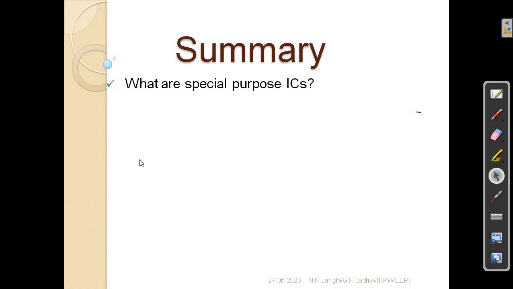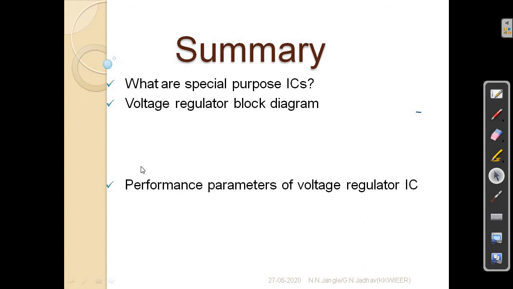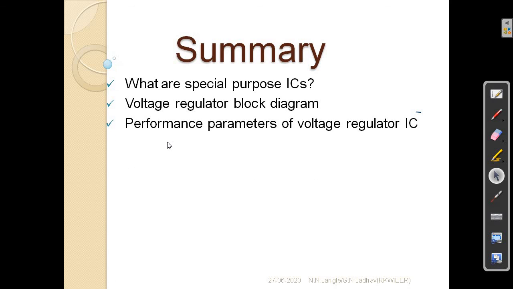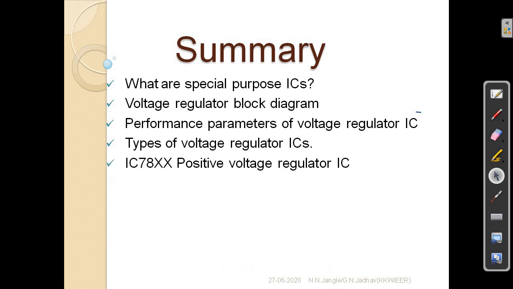In this session we have seen what special purpose ICs are, then the voltage regulator block diagram, then the performance parameters of voltage regulator IC, that is line regulation, load regulation, temperature stability and ripple rejection. Then we have seen the types of voltage regulator IC, that is fixed voltage and adjustable voltage.